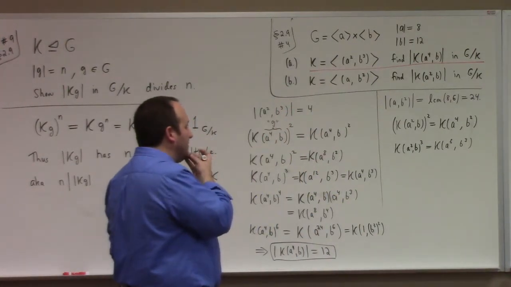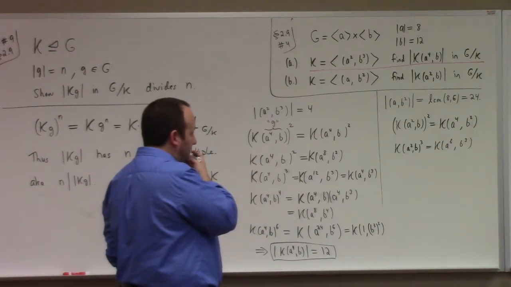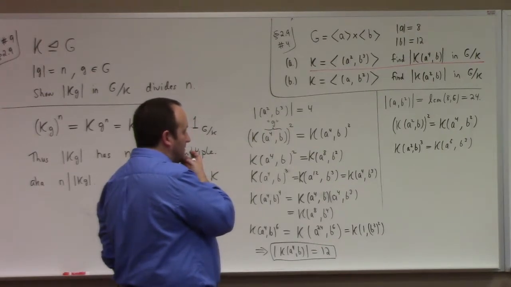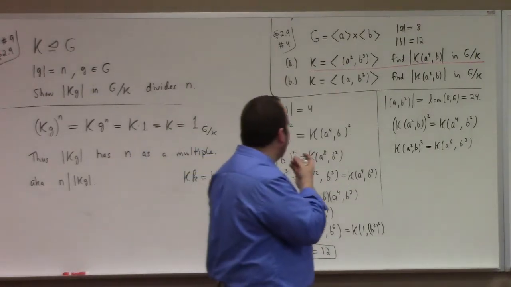I mean, there might be a smarter way to do this problem than what I'm doing, but this is what I'd start with and search for. Is that in K? What is in K, by the way? What am I looking for?